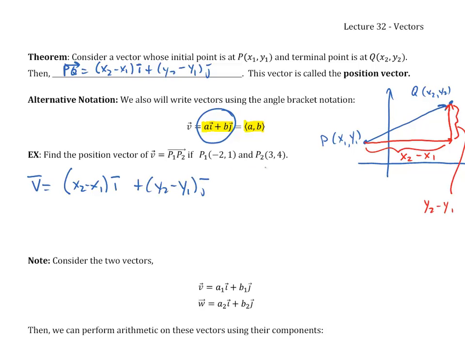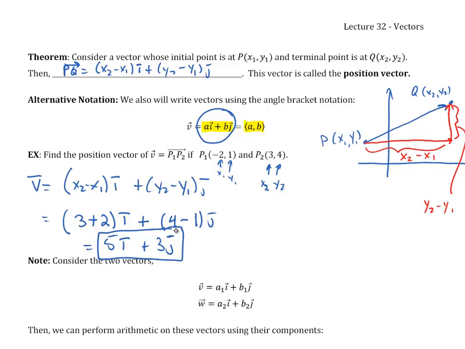So x2 and y2 is the ending point, and x1, y1 is the starting point. So you end up with 3 minus negative 2, which was 3 plus 2, plus 4 minus 1 times j, which gives me 5i plus 3j.